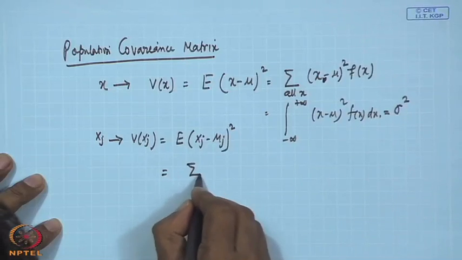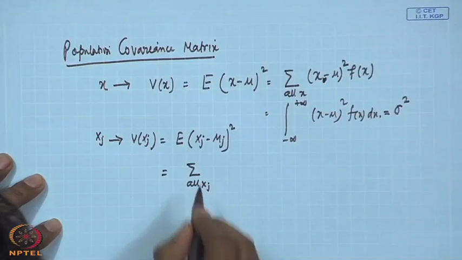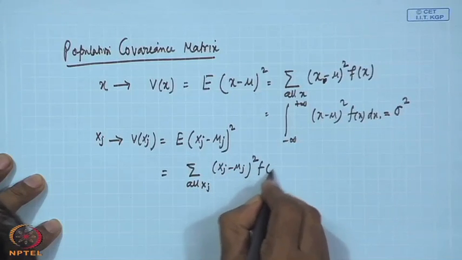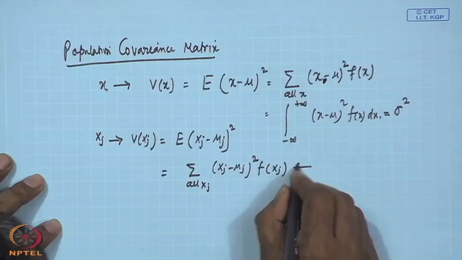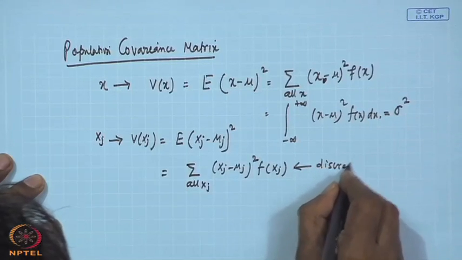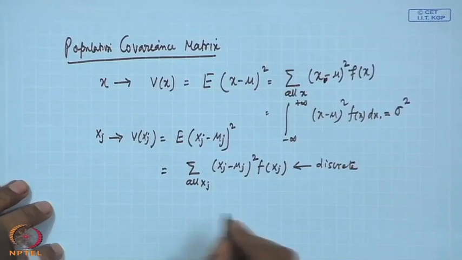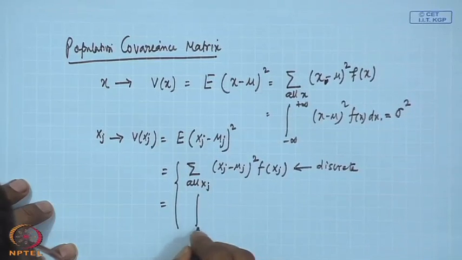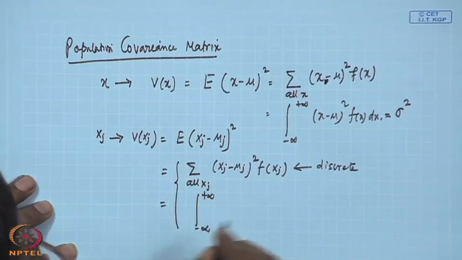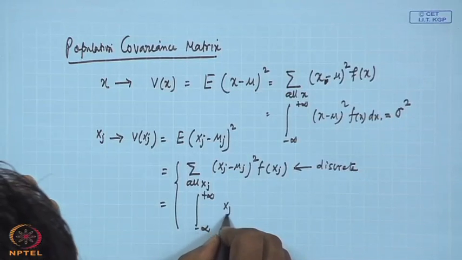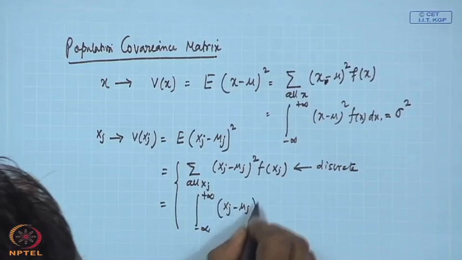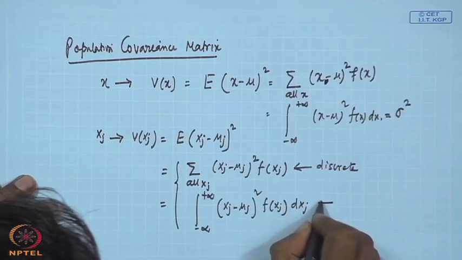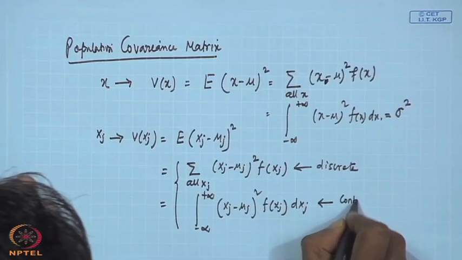You will write the sum over all xj of (xj minus mu j) square f(xj). This is for the discrete case, and you write like this for the continuous case: integration from minus infinity to plus infinity of (xj minus mu j) square f(xj) dxj.